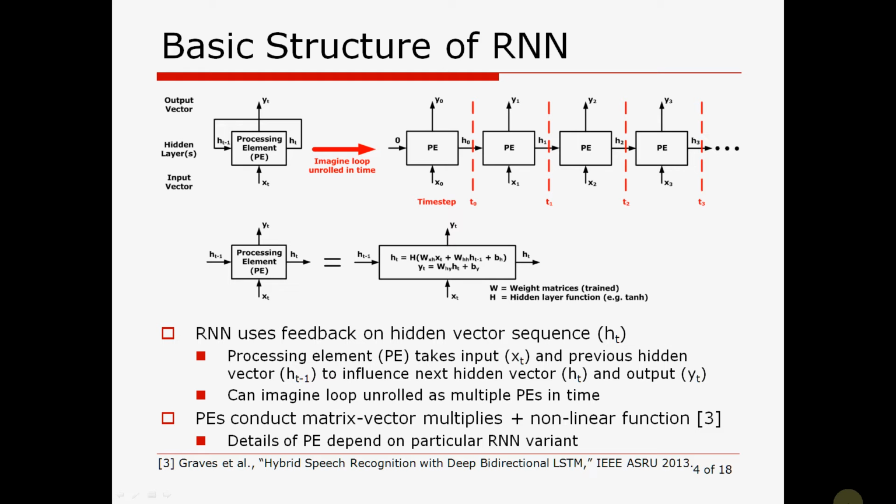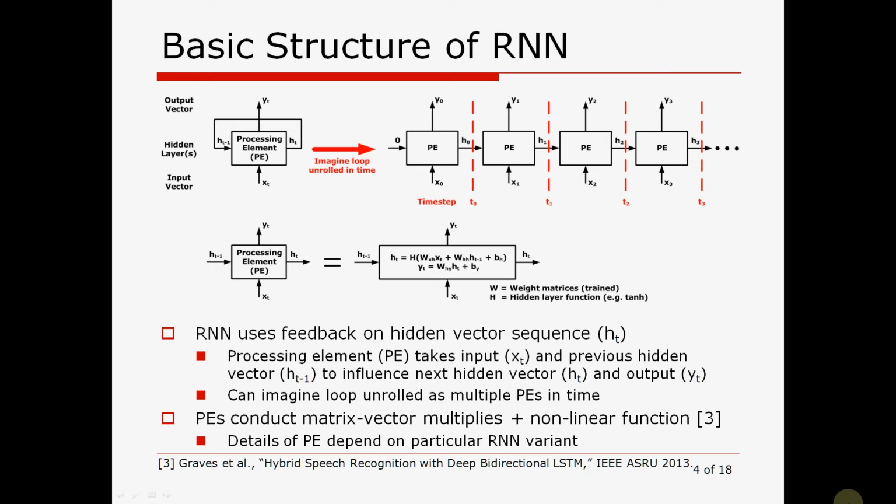So the processing element has two inputs, x of t, which is the input vector, as well as h of t minus 1, the hidden vector from the previous time step. And the processing element then generates two outputs, the output vector y of t, as well as the hidden vector sequence at the current time step, h of t.